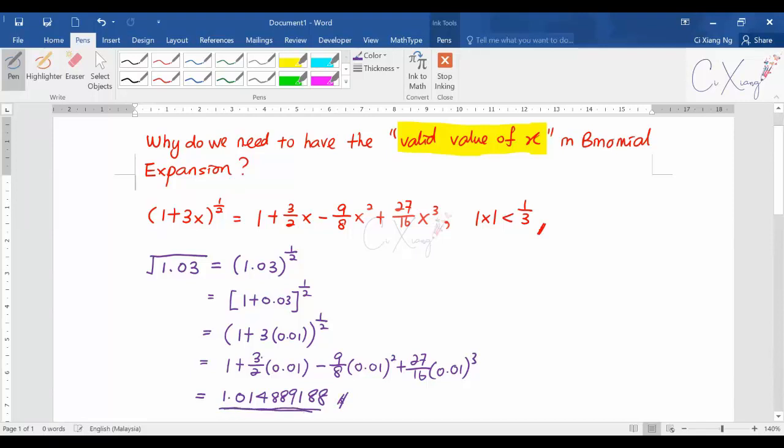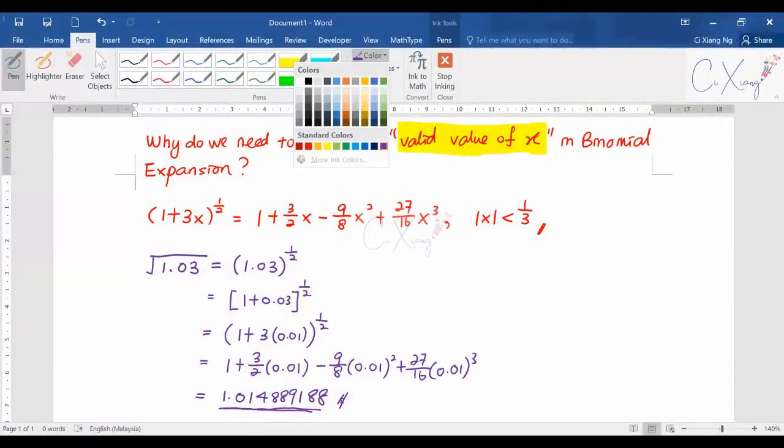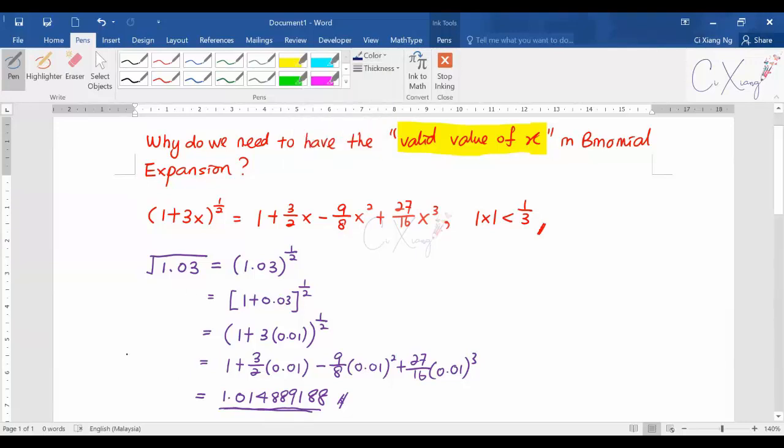This is the value for the square root of 1.03 that I get by using the binomial expansion formula. If you want to know how accurate it is, you can use the calculator.